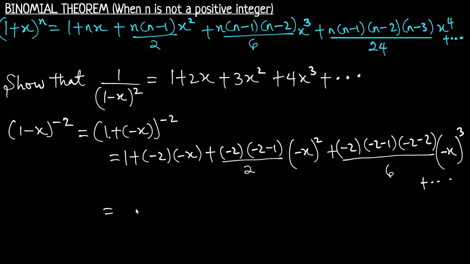So when we break this down, we have 1 plus 2x. Now let's simplify this. So this is -2 times -3. This and this is positive. Let's take this away. So we are left with +3. So we have a +3, right? And here we have a -x squared, which is going to be positive. So we have 3x squared.